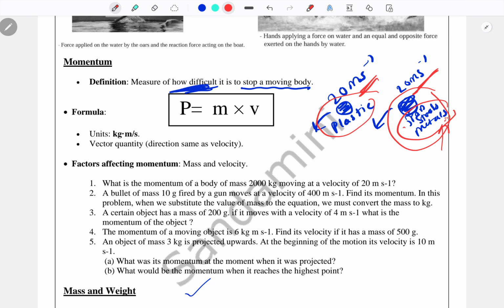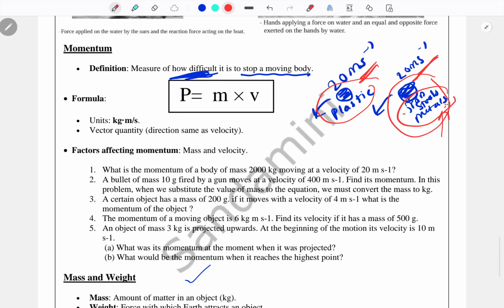But think about these two. Even though the mass is lower in a bullet shot from a gun, right? And a heavy ball compared to the bullet, the heavy ball coming, but the mass is larger.